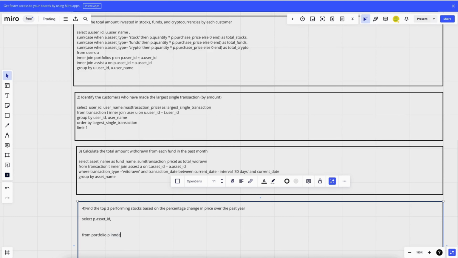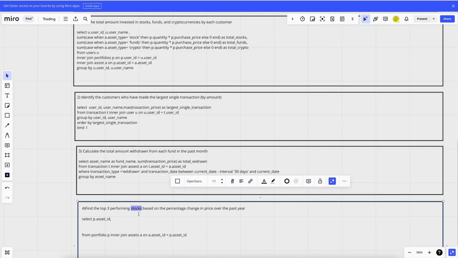do an inner join on the assets table, where asset ID is equal to P dot asset ID. And here they mentioned performing stocks.